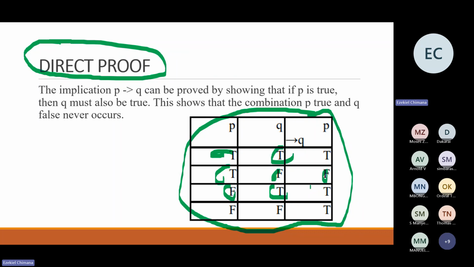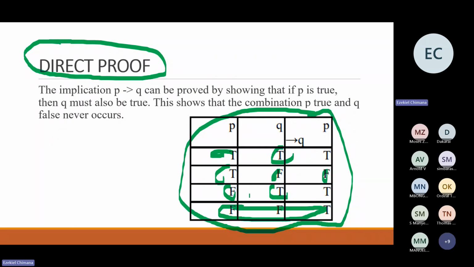You are going to see with the methods that you are going to employ, maybe it is contradiction, maybe it's going to take some of the values in here. If it is contraposition, maybe you're going to assume, okay, you're saying this is true and this is true, but I'm going to assume this is false, this is false. So it will be this part that you will use to prove.